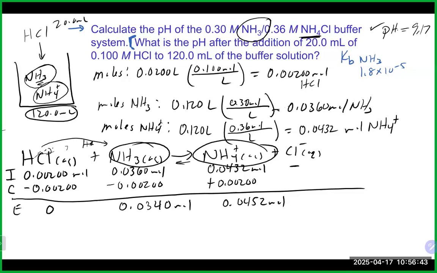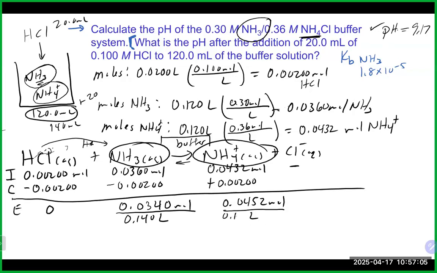Again, at this point, if you're not sure what's going on, we can take a look at our ICE table, and we do see we still have our buffer left over. So that is the approach that we want to look at. We're going to divide this out by our total volume, which in this case is 120 plus our 20. That's 140 milliliters total volume, 0.140.